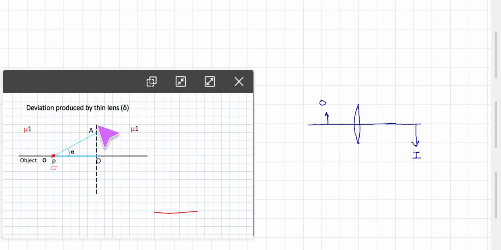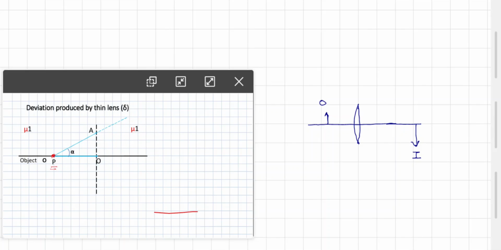Now if there is no lens, that means there is only a single medium everywhere, having refractive index mu1, then we know that in the same medium light always travels in a straight line. So it would have gone in this way.